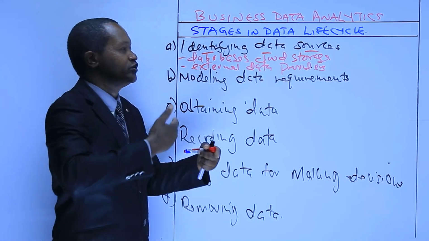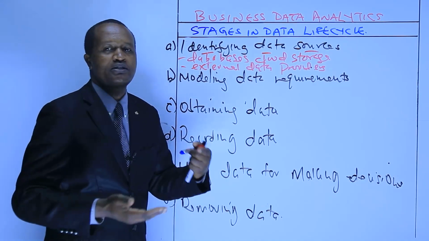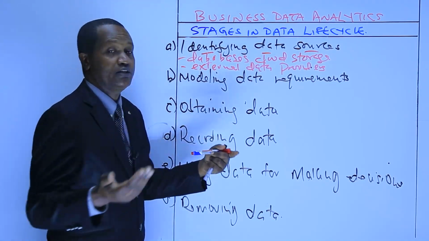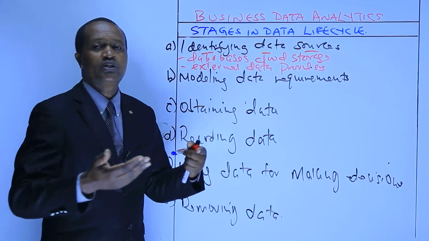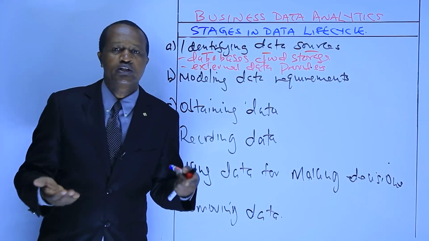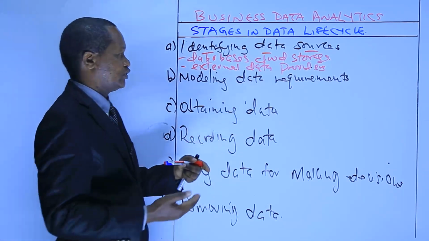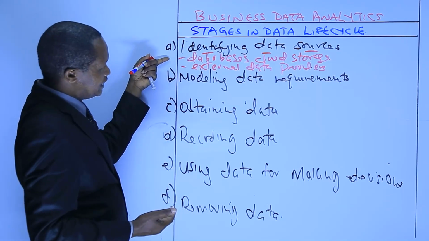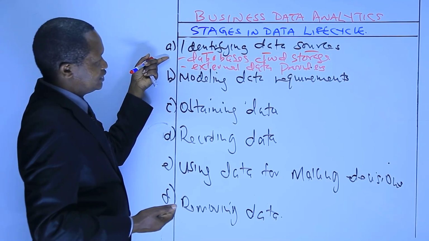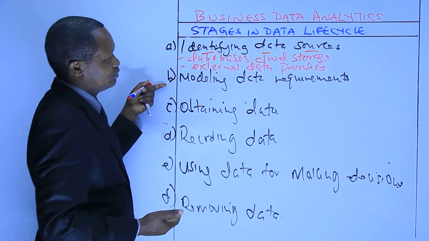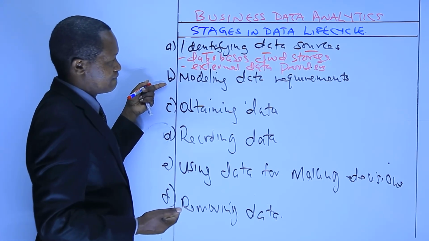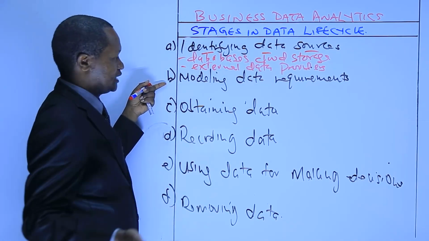And that may have to do with the different formats. There has to be definition on how the data will be stored, how the data will be processed, and so on. So after obtaining data from these sources, then that data has to be modeled according to the requirements of an organization.